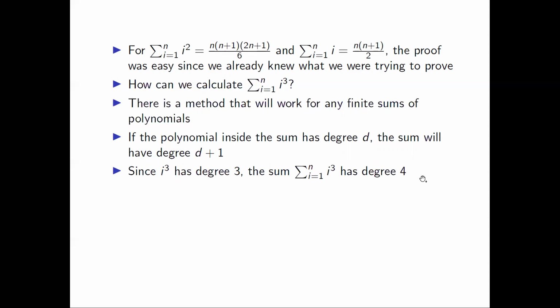So in this case, p of x equals x cubed, that has degree 3. So we're going to claim that the sum from i equals 1 to n of i cubed is going to have degree 4 as a polynomial in n.